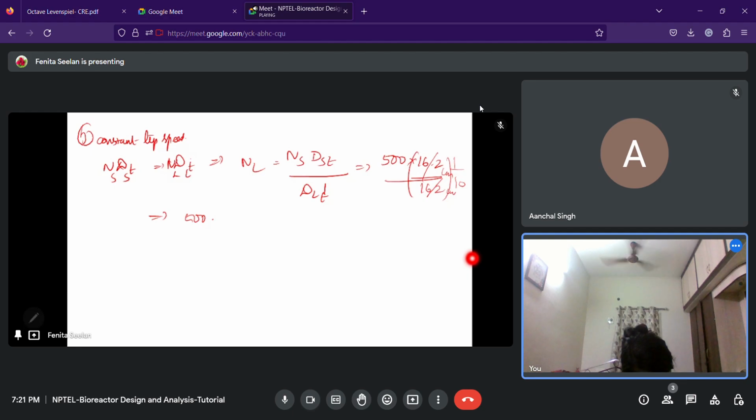So what is question C? We are asked for constant Reynolds number, right? So in case of constant Reynolds number, how do you do it?